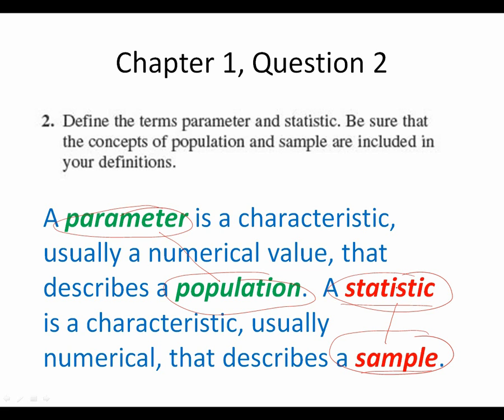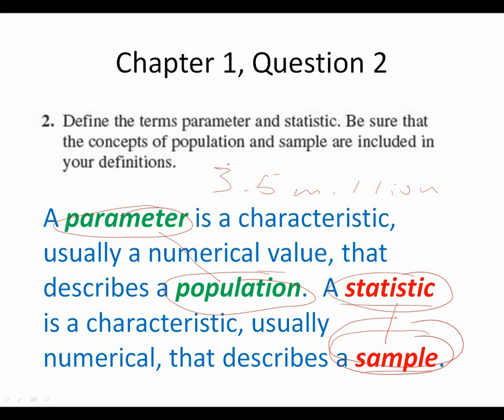Obviously, it would be really expensive to distribute 3.5 million surveys. That would be a huge amount. So we would take a representative sample. Remember that word sample? We would say maybe about 500 people, randomly selected people.